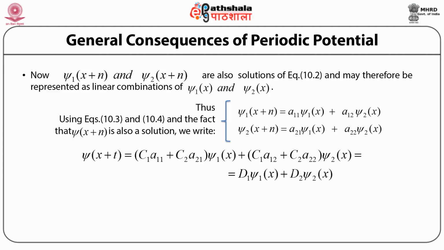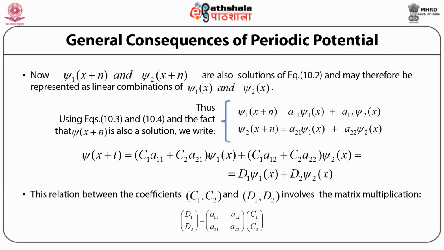psi2(x + a) = a21 psi1(x) + a22 psi2(x). Using equations 3 and 4 and the fact that psi(x + a) is also a solution, we write psi(x + a) = (C1 a11 + C2 a21) psi1(x) + (C1 a12 + C2 a22) psi2(x) = D1 psi1(x) + D2 psi2(x).